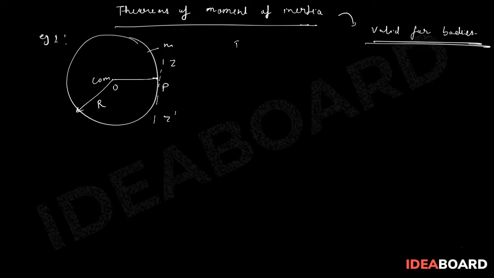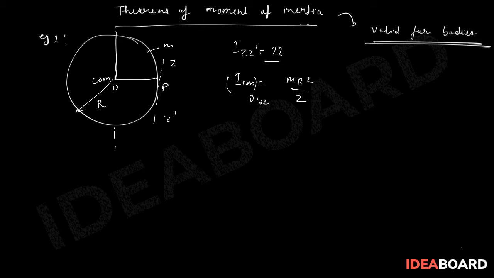So I z dash is what? So here, as we know, the axis which is passing through the center of mass and perpendicular to the plane, ICM, moment of inertia of a disk passing through the center of mass, radius r, will be mr square by 2. This is the standard result we have seen, right?